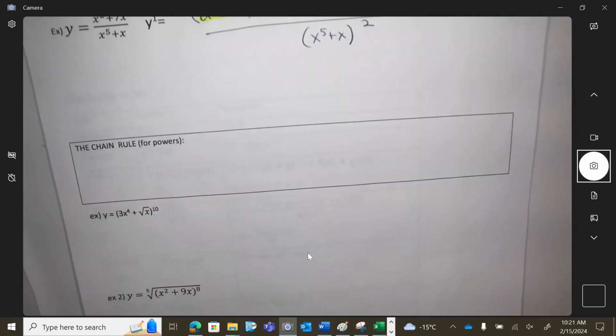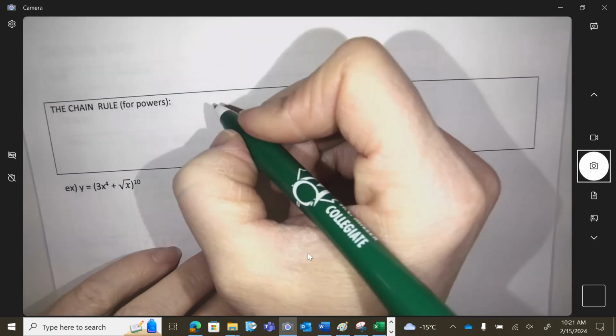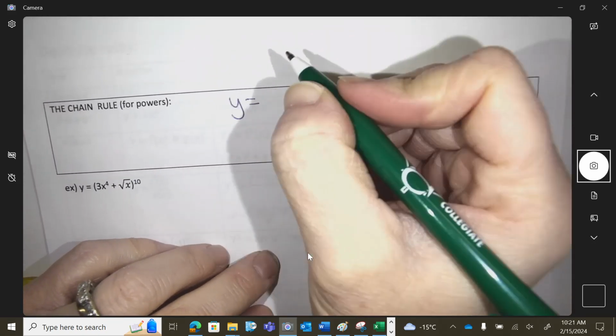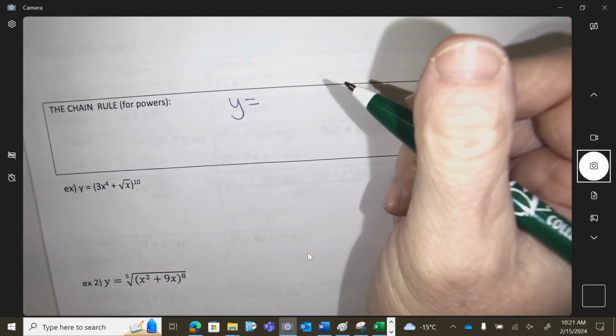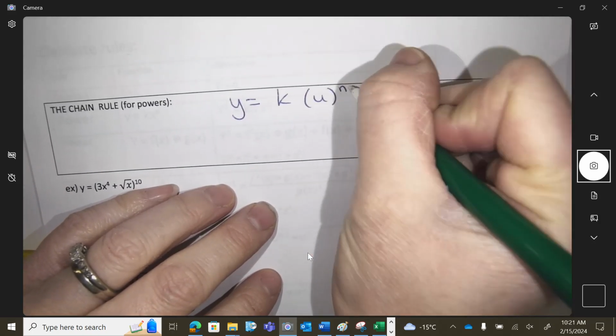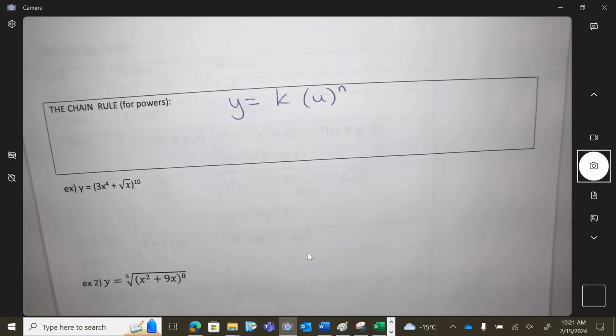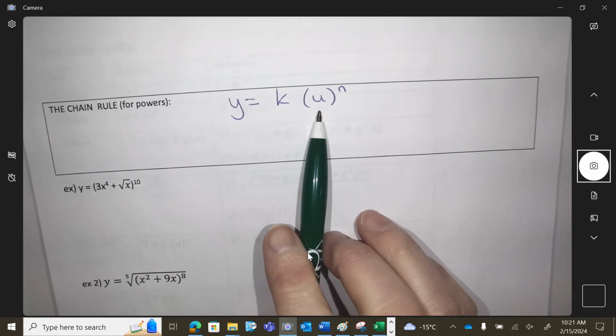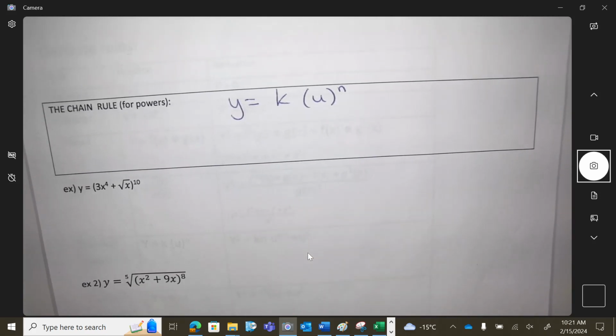All right, last one is the chain rule. Okay, so this is what your original looks like. So why is there a u in here? It just means that I have more than x. I might have a few things, a binomial or something in there.